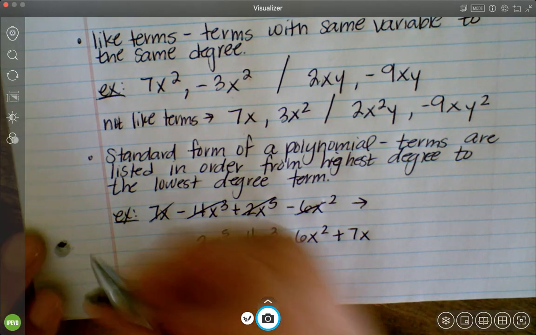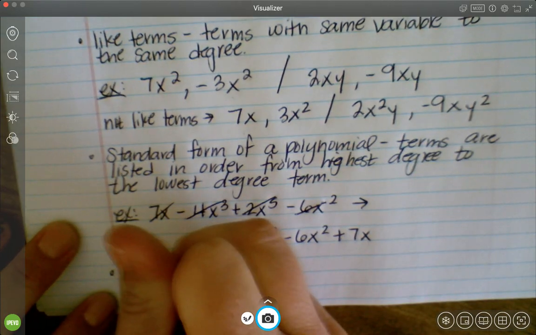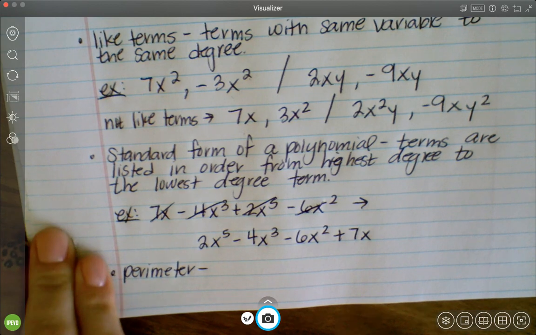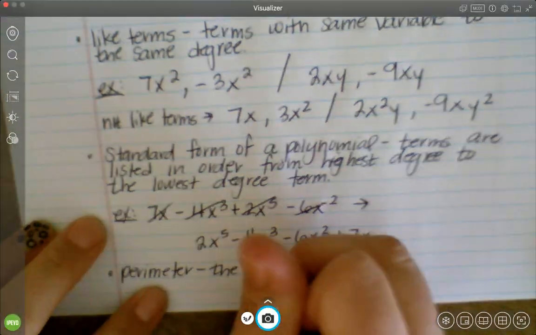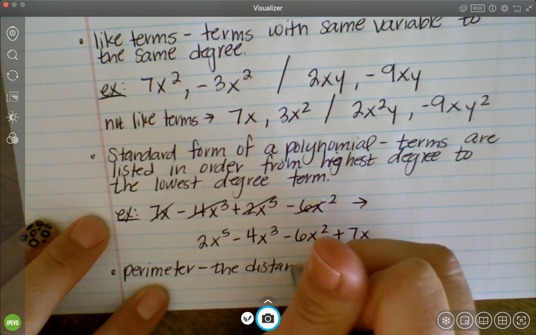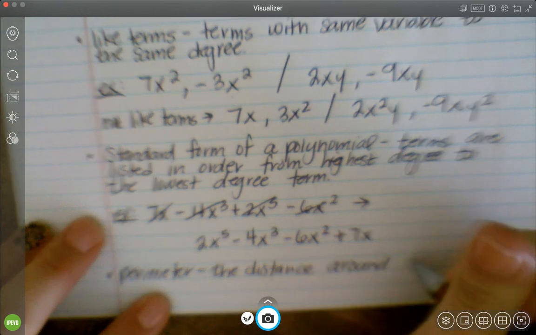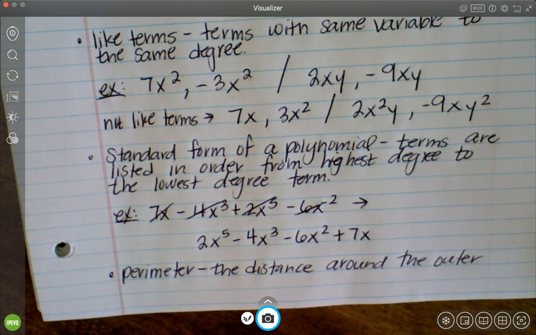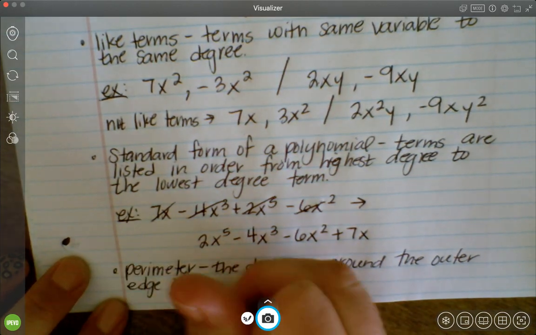And our very last vocabulary term is the word perimeter. Just a reminder that the perimeter is the distance around the outer edge of a two-dimensional figure.